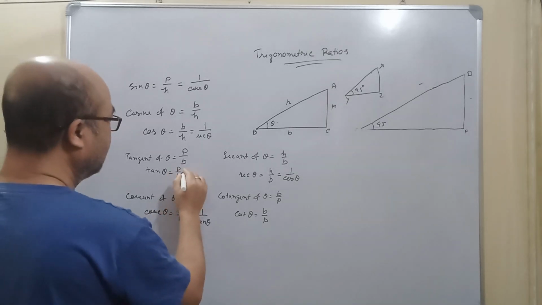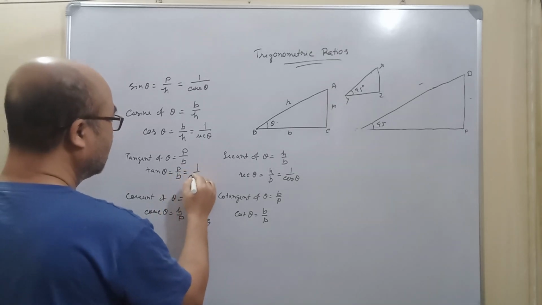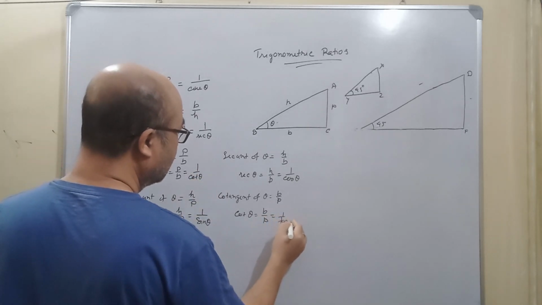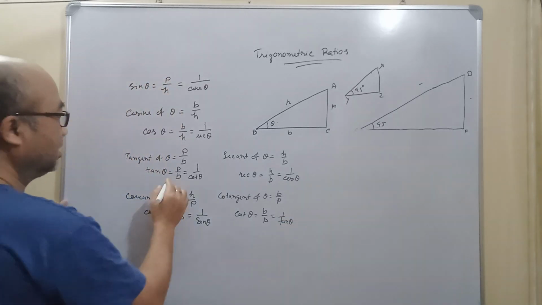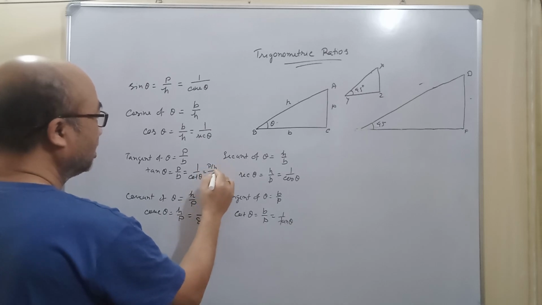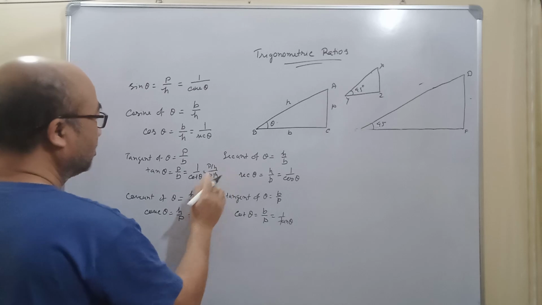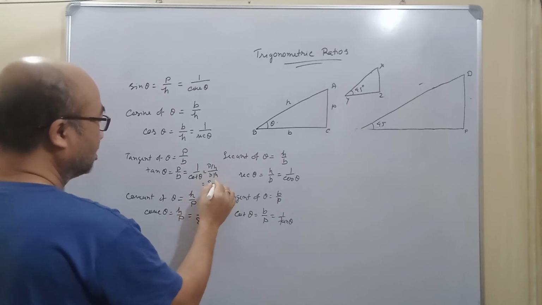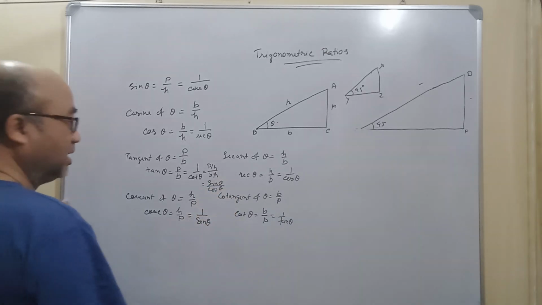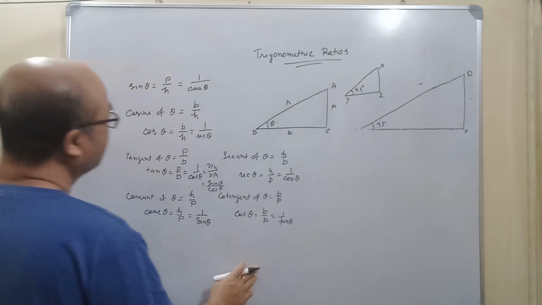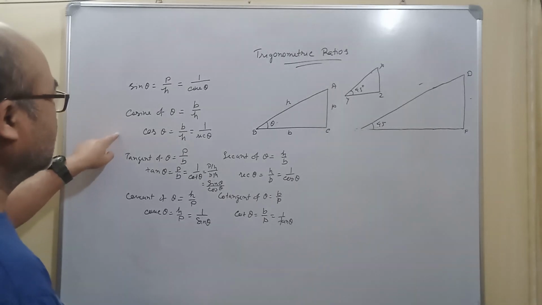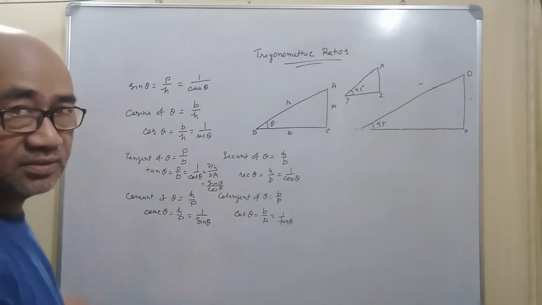And tan theta is P by B, this is 1 by cot theta, and cot theta is 1 by tan theta. Tan theta can also be P by H divided by B by H, which is sin theta by cos theta, and so on. So we can get one ratio from another ratio like this.